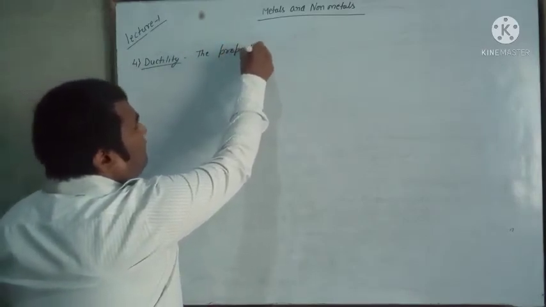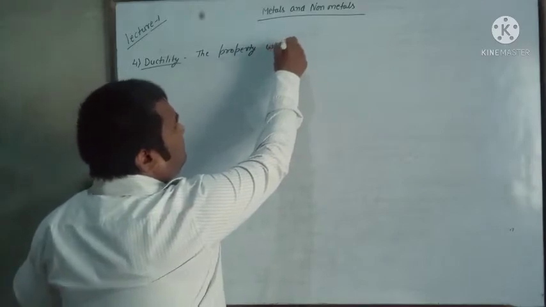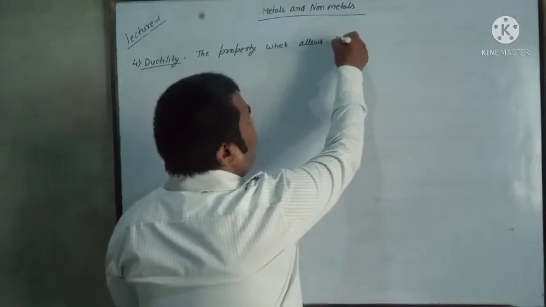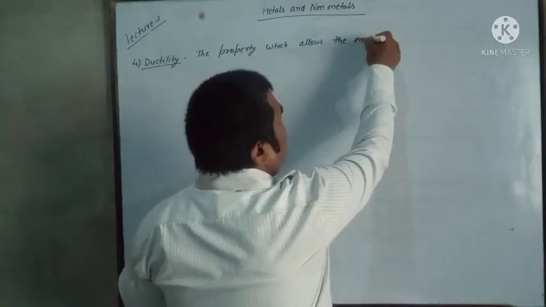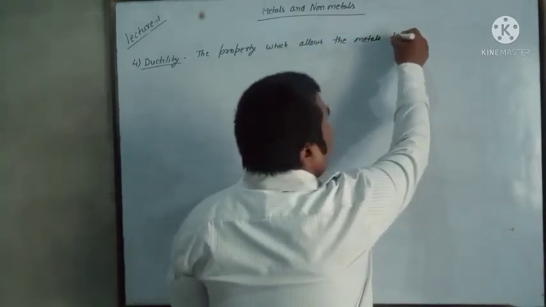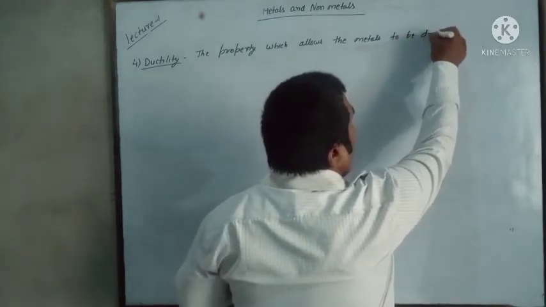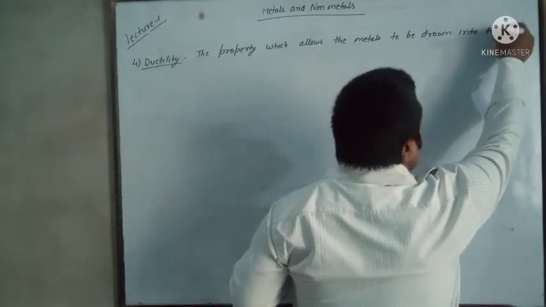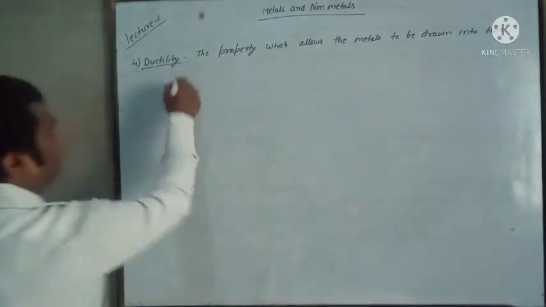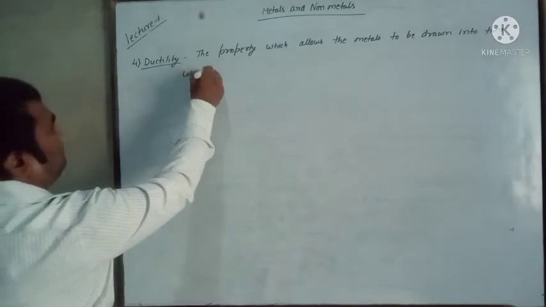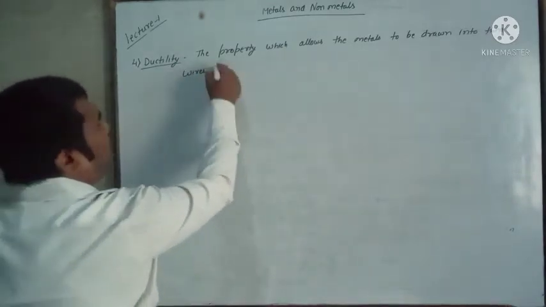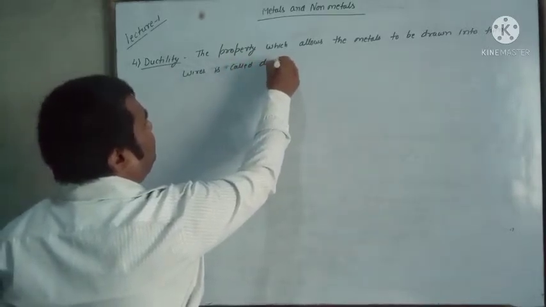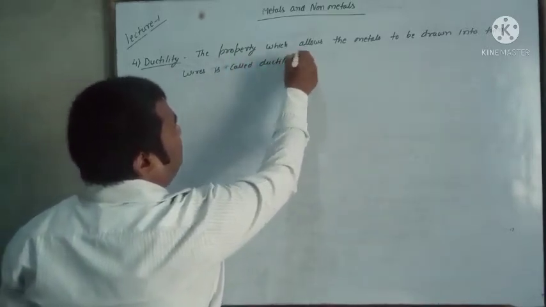The property which allows the metals to be drawn into thin wires is called ductility.